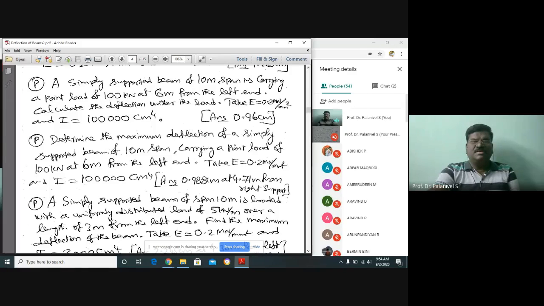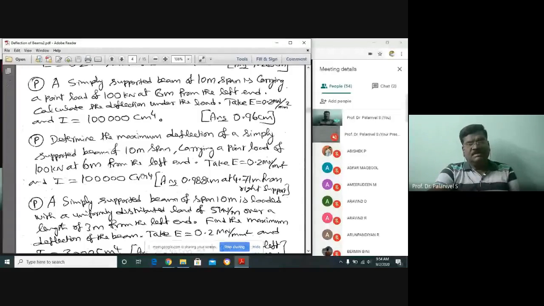In the previous problem, you are asked to determine the deflection under the load. In this problem, you are asked to determine the maximum deflection in the beam. Both have the same loading diagram, the same beam, and the same point load.